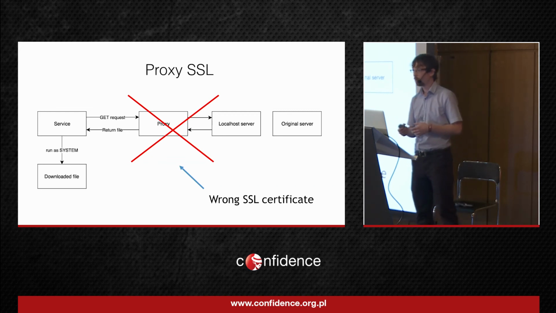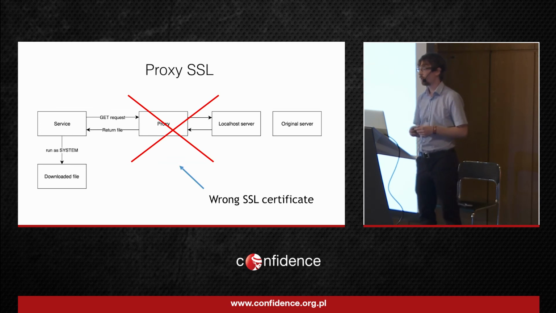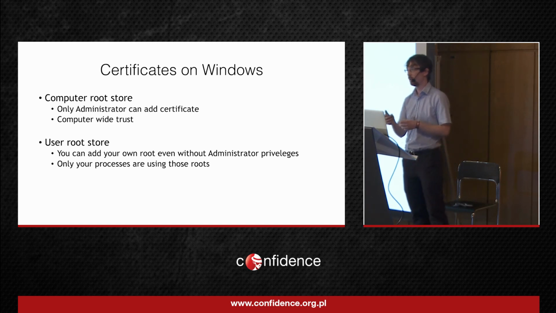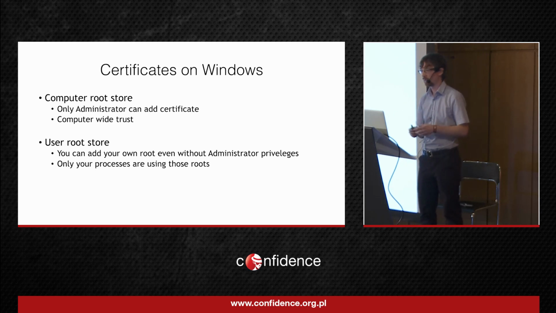First, I need to show you what certificates on Windows look like. Windows has two root stores. The root store is the place where root certificates are stored. And what's a root certificate? It's a certificate which is trusted by the system. So when your certificate is issued by one of the root certificates, it's globally trusted.